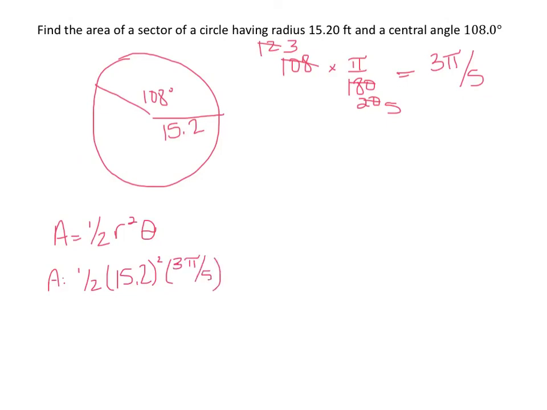I will again put this exact expression into my calculator. I might even convert that 1/2 to 0.5, but I will put everything else in exactly the way that it is written here. This gives me 217.750 square feet because it is an area.